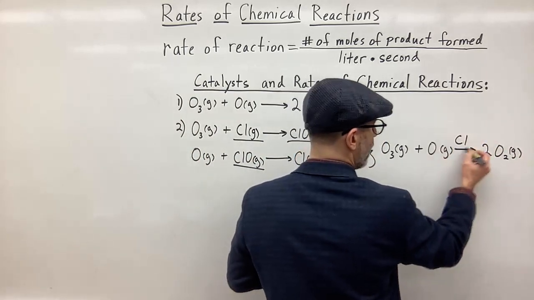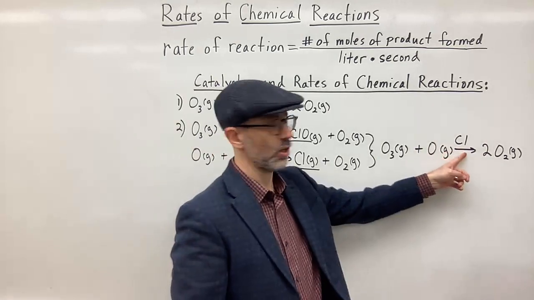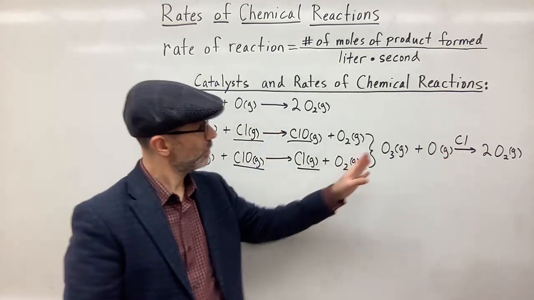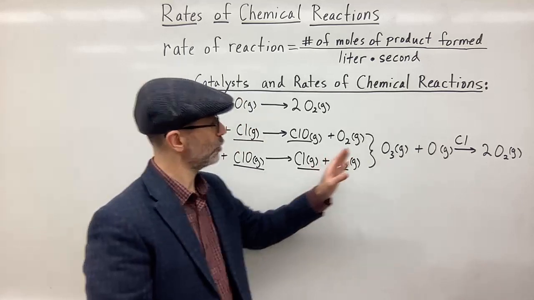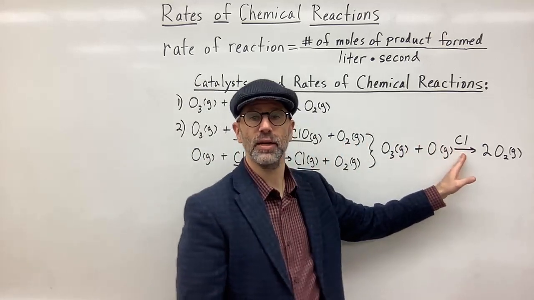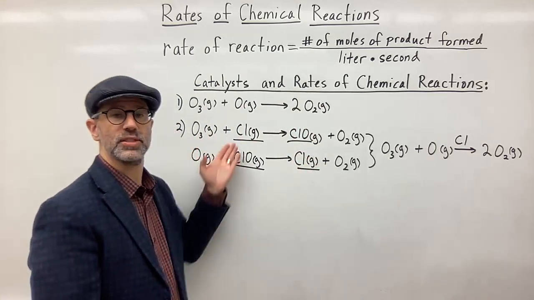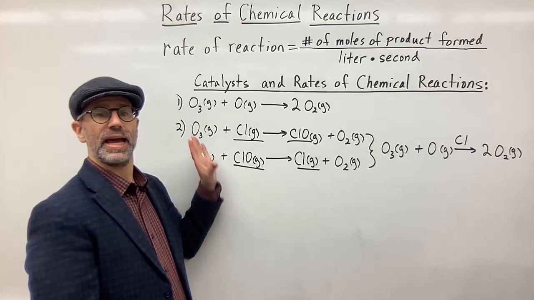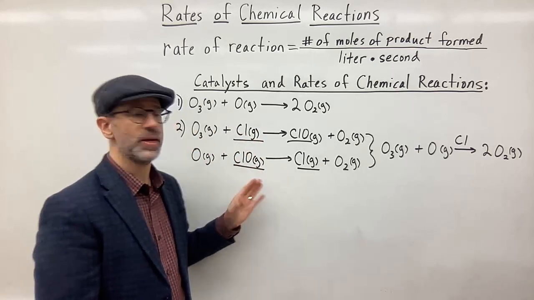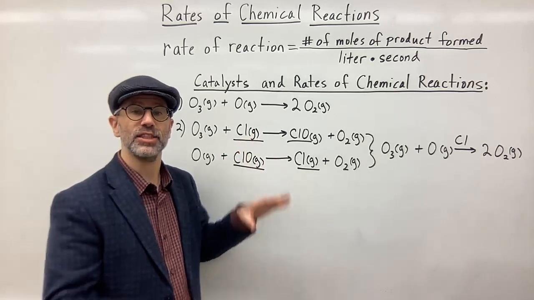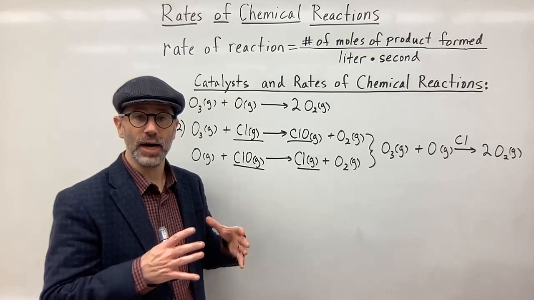And so we have Cl over the arrow to indicate that Cl is the catalyst being used in this reaction. If you're using the catalyst chlorine, then there's two steps to this reaction. And these two steps happen much more quickly because the catalyst lowers the activation energy of the process.